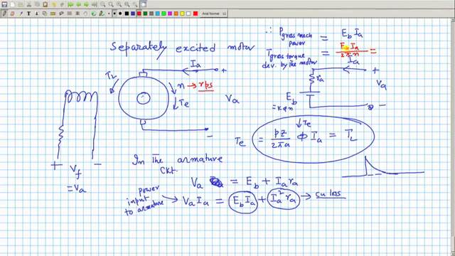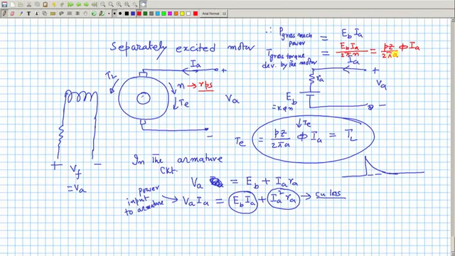Now, you see this Eb I can write as P z by 2 pi a into phi into Ia. Is it?